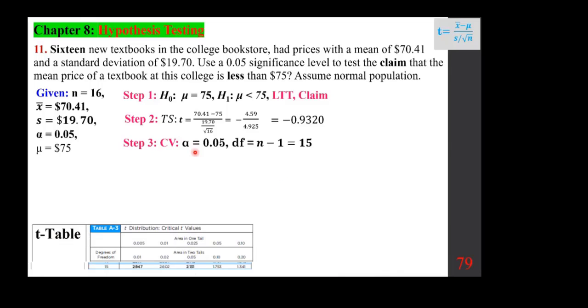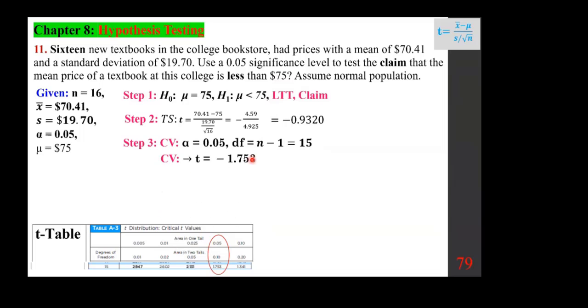Now, alpha is 0.05. This is the area in one tail. Why one tail? Because it's a left tail test, which corresponds to 0.1 in two tails. And the answer is 1.753. Because it is left tail test, you make it negative.